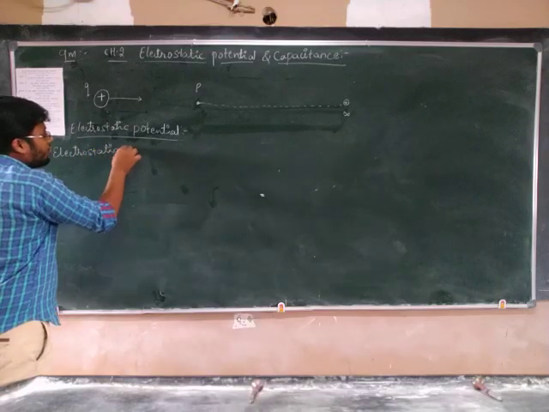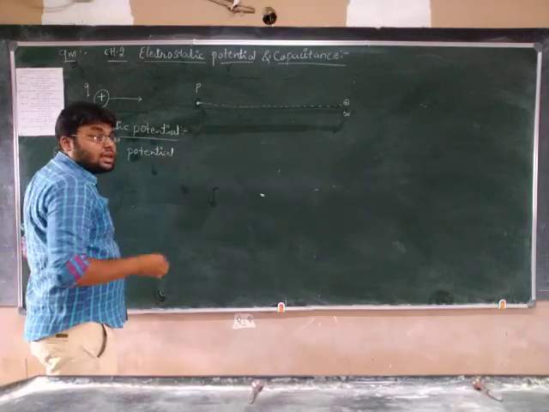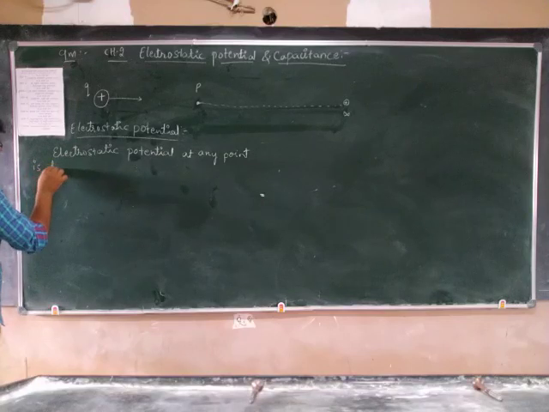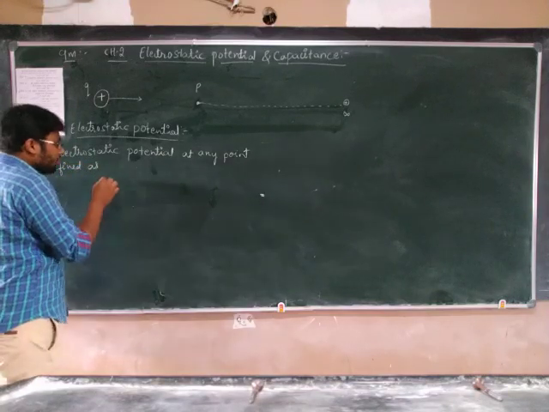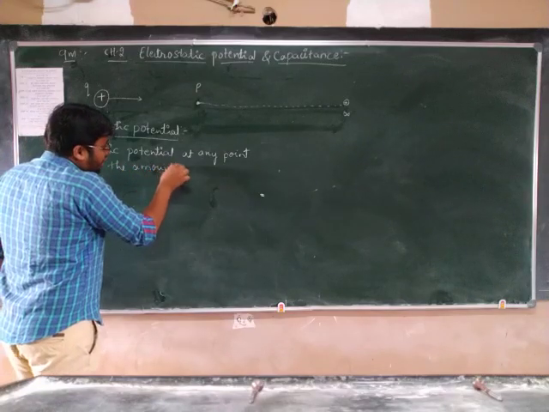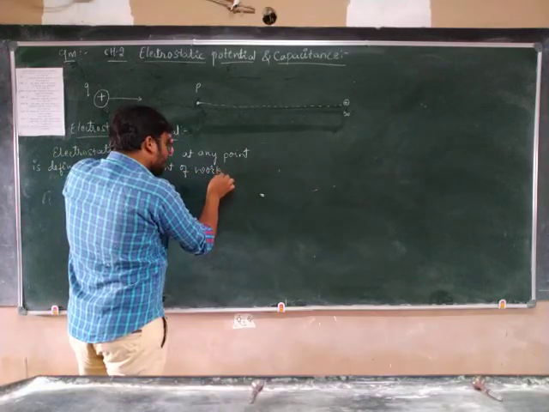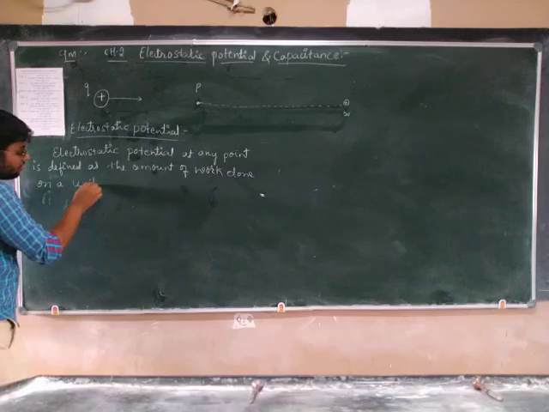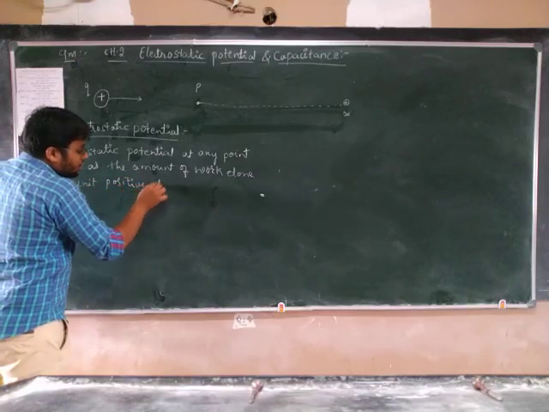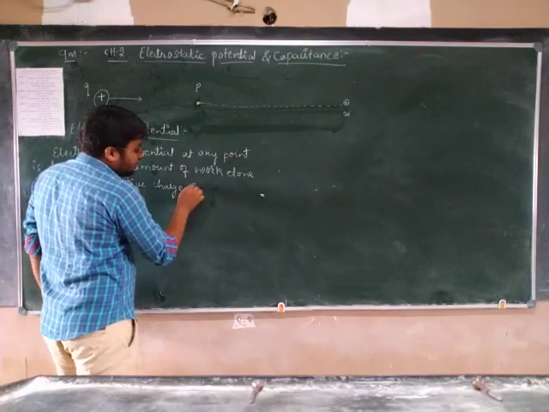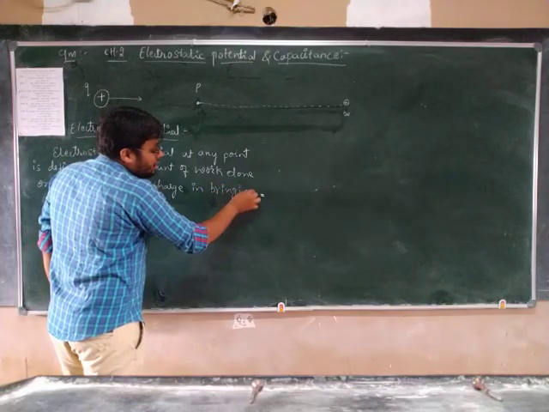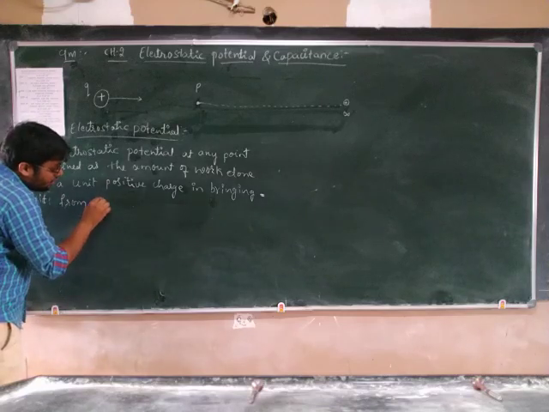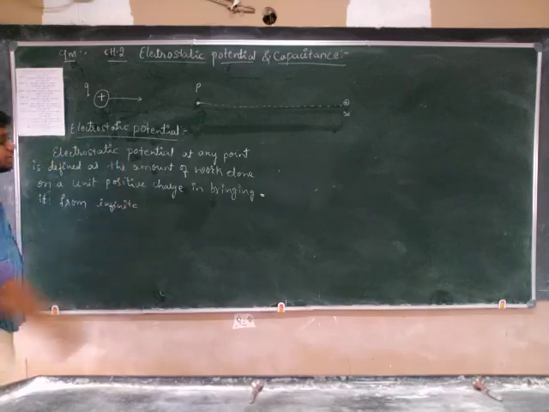Electrostatic potential at any point is defined as the amount of work done on a unit positive charge in bringing it from infinity to that point.